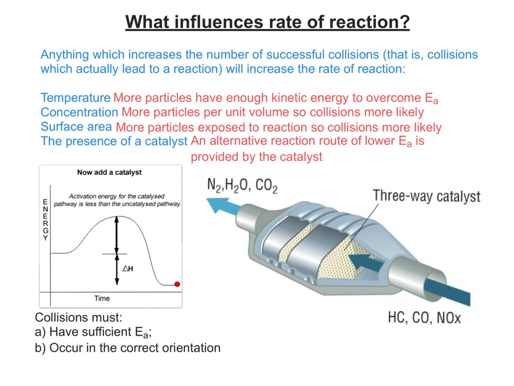An example of a catalyst in real life would be a catalytic converter fitted to the exhaust of a car, which picks up the carbon monoxide, nitrogen oxide gases and unburnt hydrocarbons at the bottom right of the picture from the engine and converts them into the relatively harmless nitrogen, water and carbon dioxide gases that come out the back of the exhaust in the tailpipe that we actually see. These are fitted by law and have been since the 1980s across Europe. All cars built, designed and sold in Europe have to have these fitted.